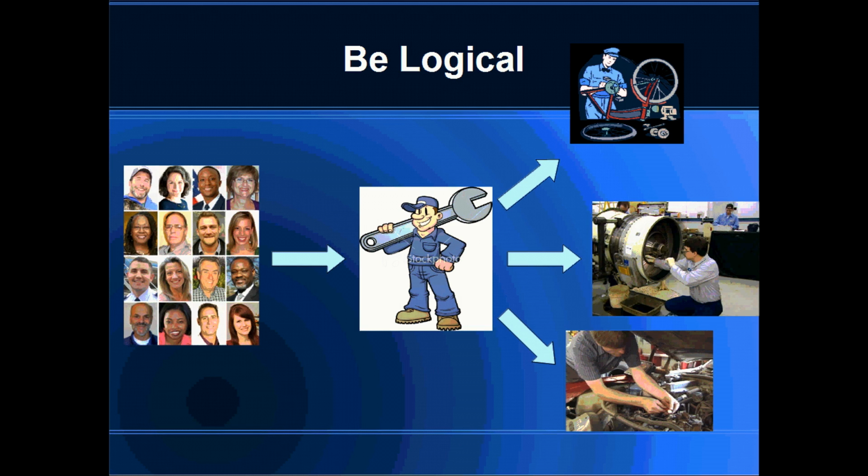Types of mechanics that mechanic in general would subsume under it would be a bike mechanic, an aircraft mechanic, an automotive mechanic. If you could say something true about mechanics in general, then it would have to be true about each of those types of mechanics. So I'll give you an example.